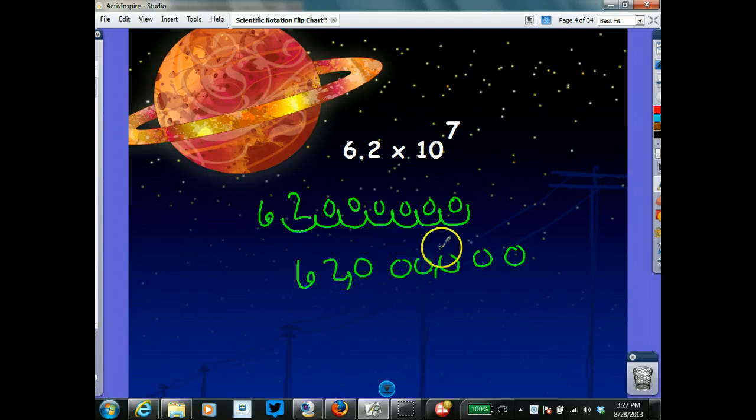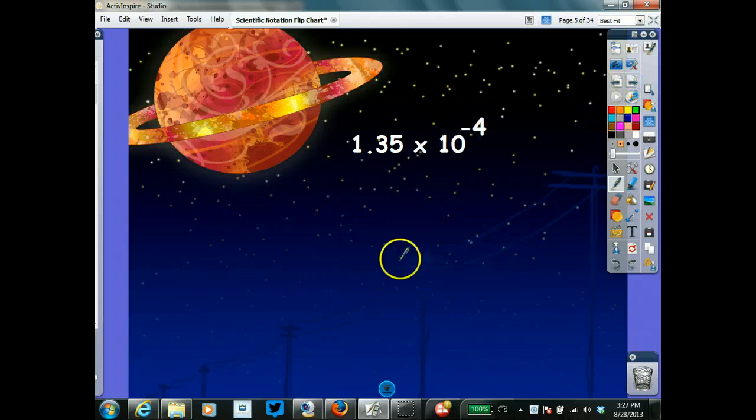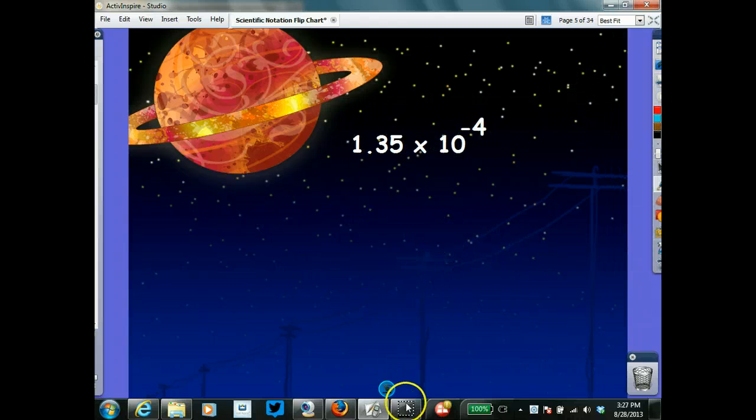And there we go. Alright, now in this case I have something just a little bit different here. I have 1.35 times 10 to the negative fourth. Well, when I have a negative exponent and I'm going to standard form, this tells me how many spots I need to move it to the left.